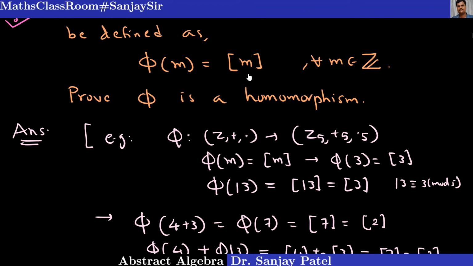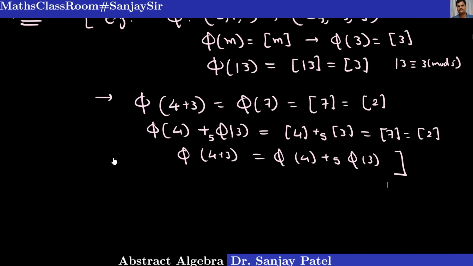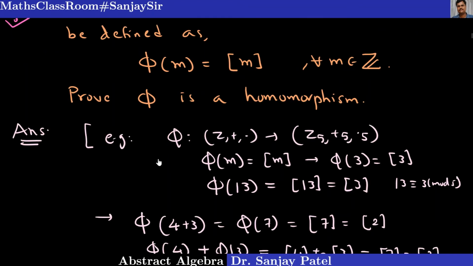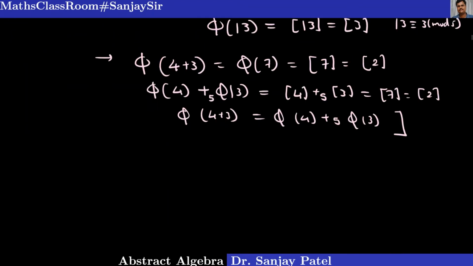This is just an understanding of the meaning of this special function, phi of m is equal to the equivalence class of m. Now, by the properties of addition modulo 5 and multiplication modulo 5, or in general addition modulo n and multiplication modulo n, we can prove that this phi is in fact a homomorphism.